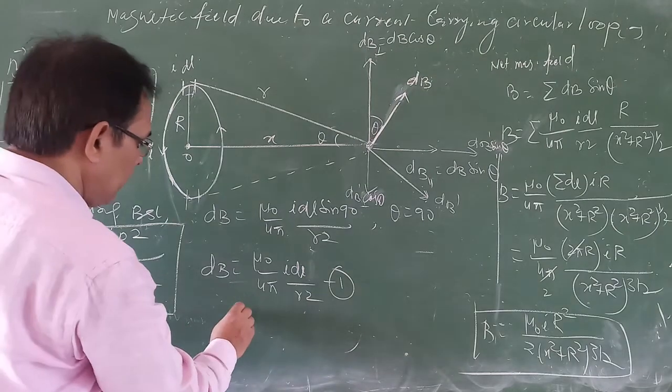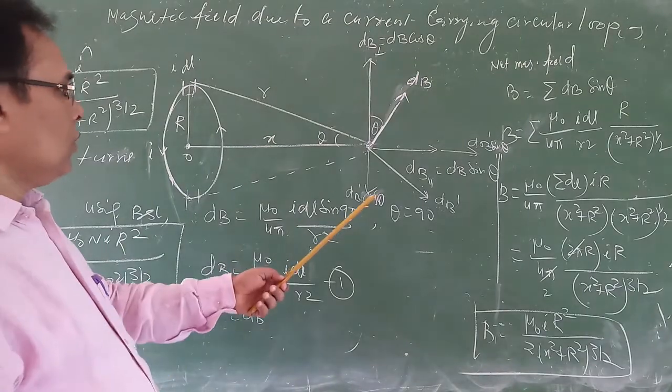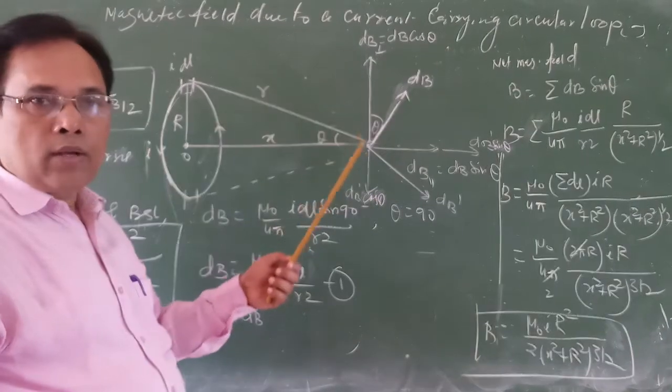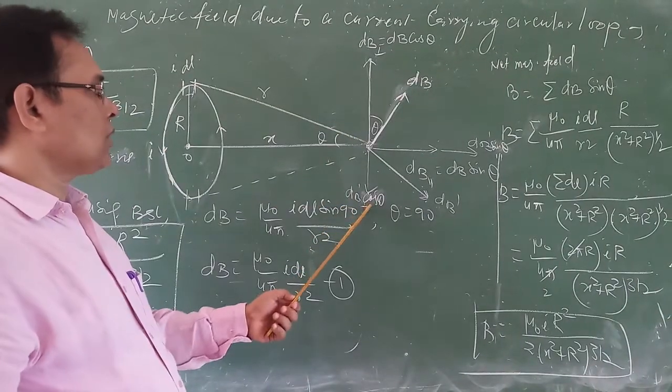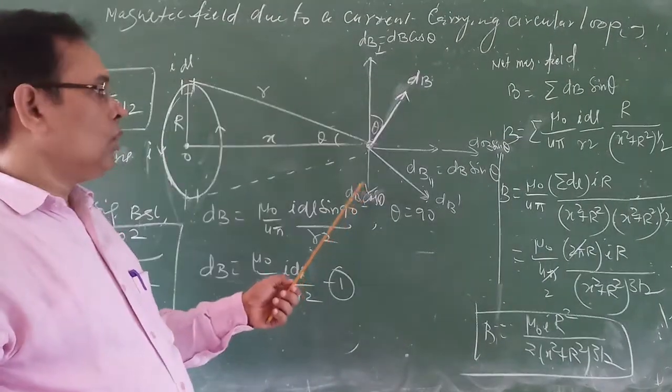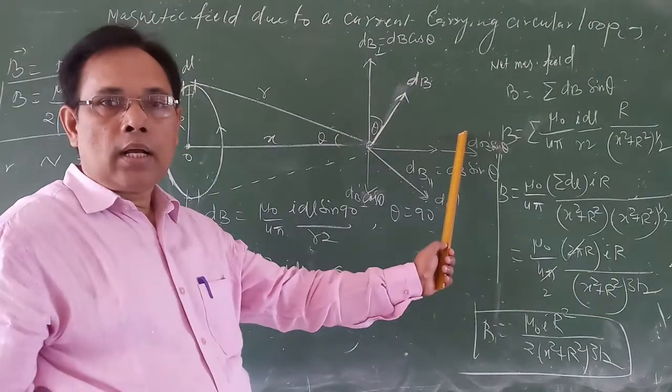Since dB and dB dash are equal, the vertical components cancel. So the magnetic field at this point is only due to the horizontal components.